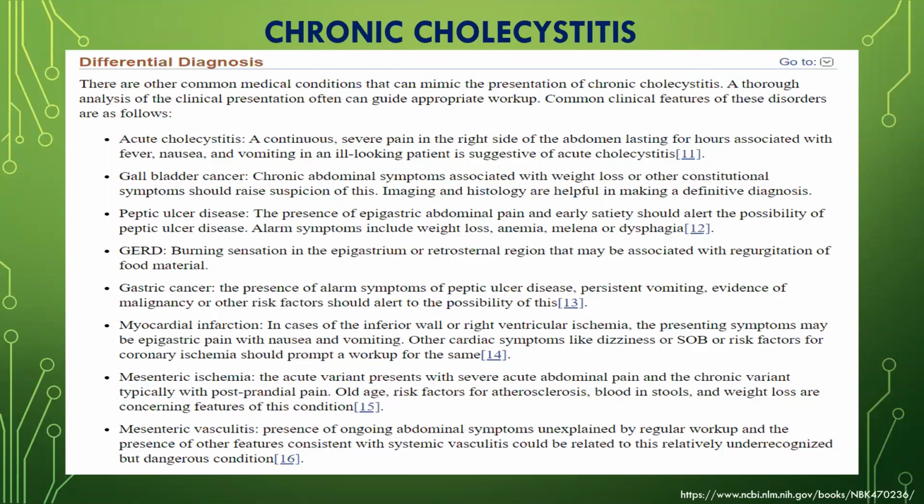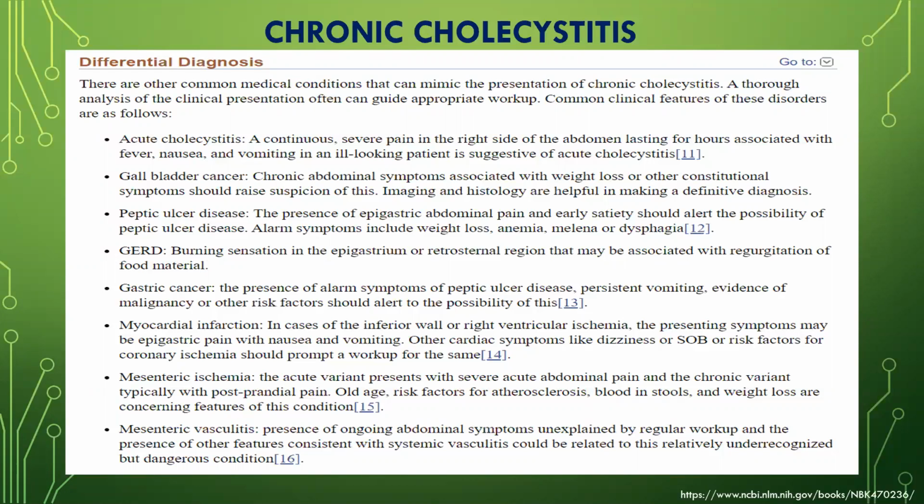The presence of epigastric abdominal pain and early satiety should alert to the possibility of peptic ulcer. Alarm symptoms include weight loss, anemia, melena, or dysphagia. Endoscopy can also help you to exclude or make the diagnosis of stomach cancer or complicated peptic ulcer disease.